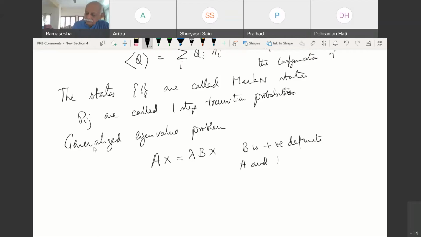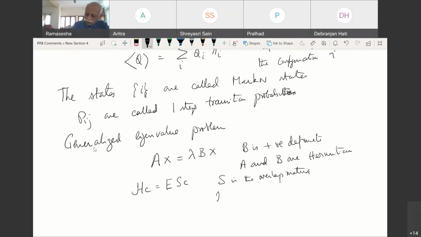For example, you say H C equals E S C. You come up with this equation, where S is an overlap matrix, H is a Hermitian matrix, and E is the eigenvalue.